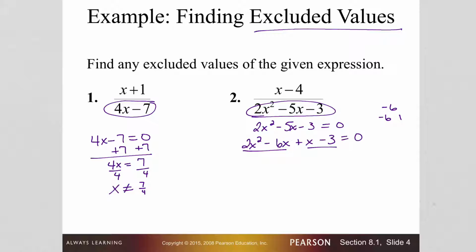Now I'm going to factor this by grouping. So I've got 2x is what I can pull out of those guys. So I've got x minus 3 in here. These guys don't have anything in common, so I can pull out a 1 though. Okay, so now we're almost finished factoring. Alright, so now I'm going to set them equal to 0 and find my excluded values.